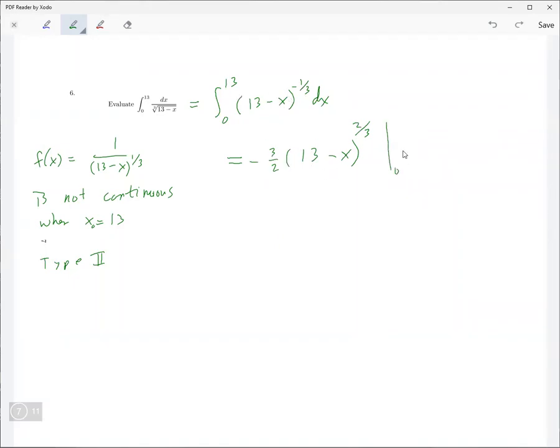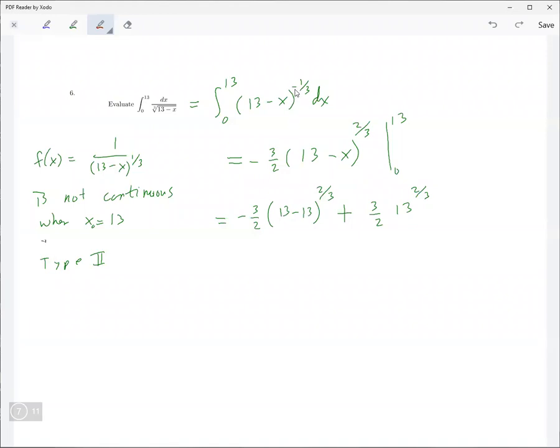And you want to evaluate that from 0 to 13. So first you plug a 13 in, and then subtract and plug a 0 in. Subtracting actually gets rid of the negative. And this is 0 to the 2/3. This is a positive power now.